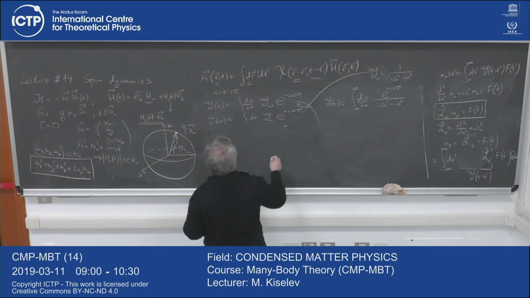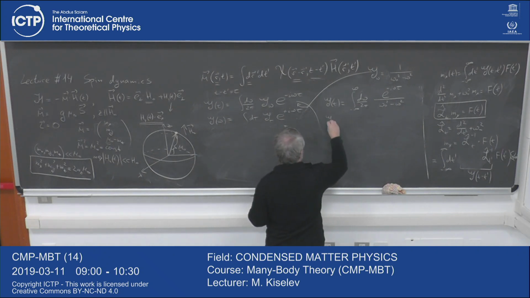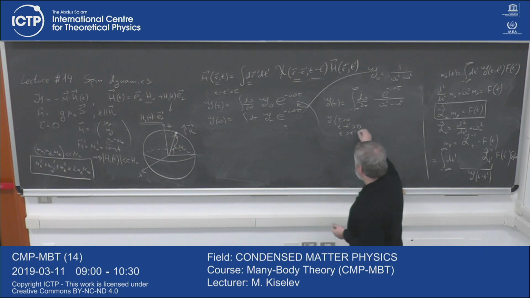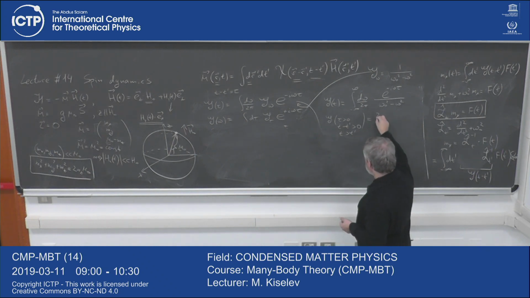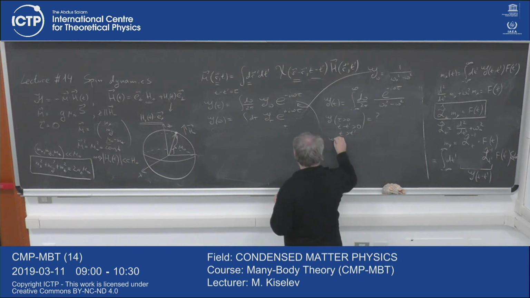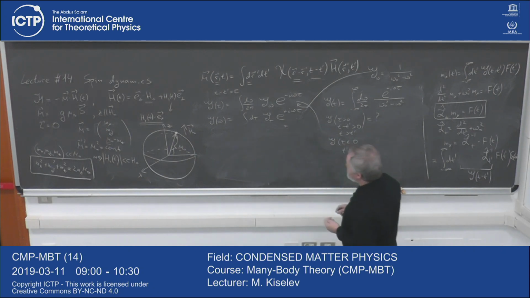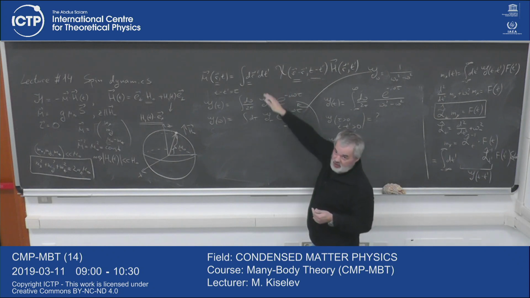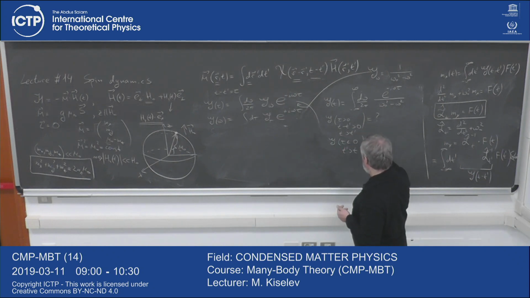Therefore, g at tau positive, which means t larger than t prime, is something, but g at tau negative, which means t prime is larger than t, should be equal to 0.